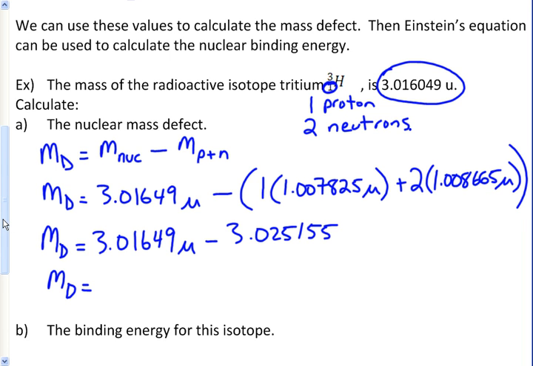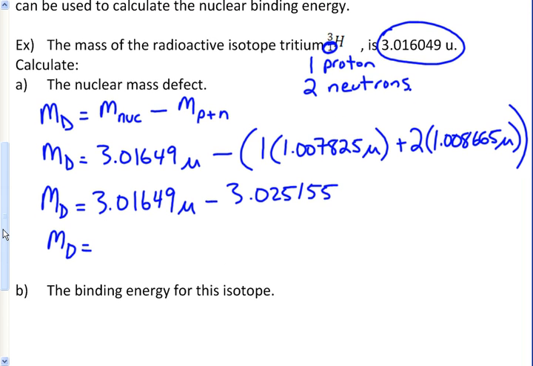So now when we subtract this, we're going to get negative 0.008665 units. Now on the test and on the quizzes, I'm going to ask you to go to 4 sig figs, because I want us to have quite a bit of accuracy and precision.